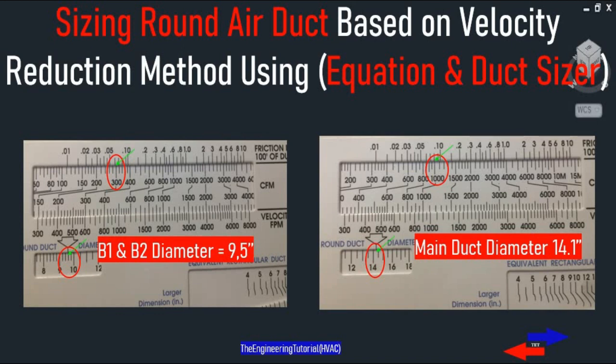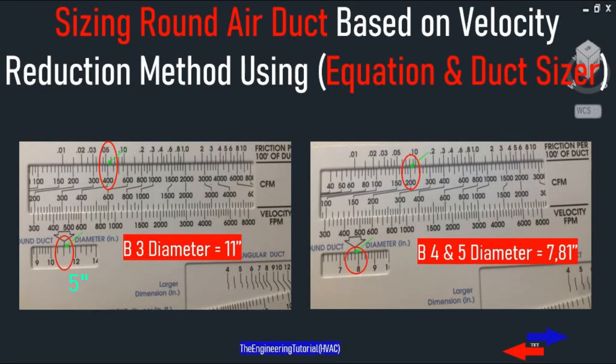The friction loss value is less than 0.1: 0.08 for the main supply duct with a diameter of about 14 and 1/4 inches, and a friction loss value of 0.06 for B1 and B2 with a diameter of 9.5 inches.